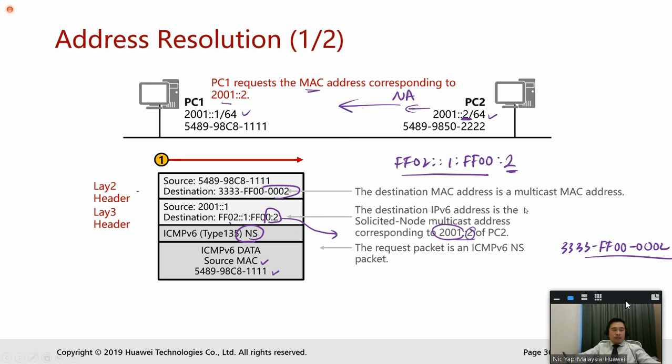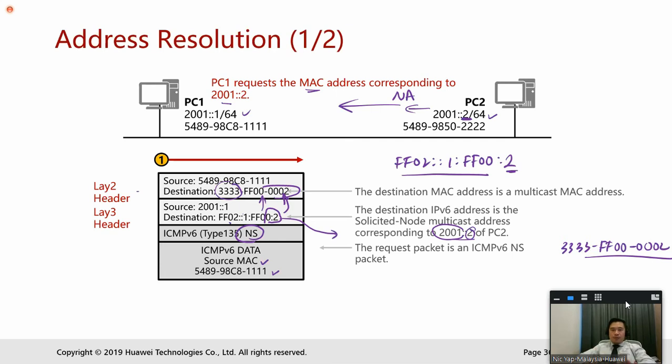They map this back from your multicast address. This is how the mapping works: the first 2 bytes are always fixed, then convert the rest into the multicast MAC address. That is where I'm sending through. This is how address resolution is sent across to PC2.